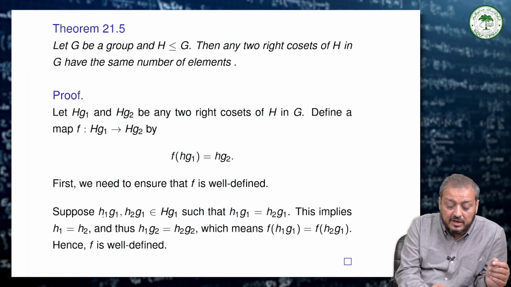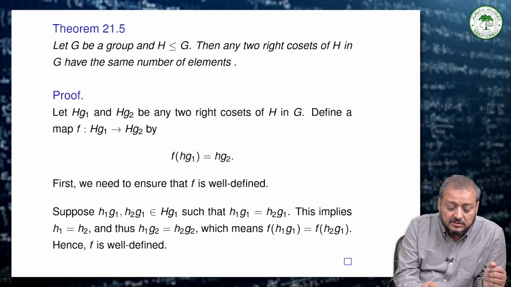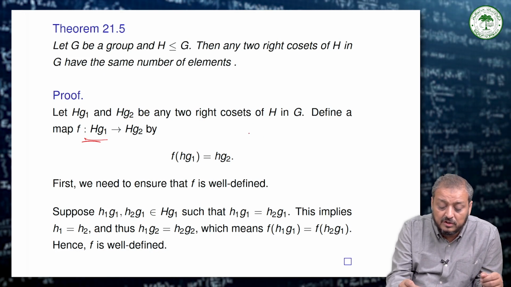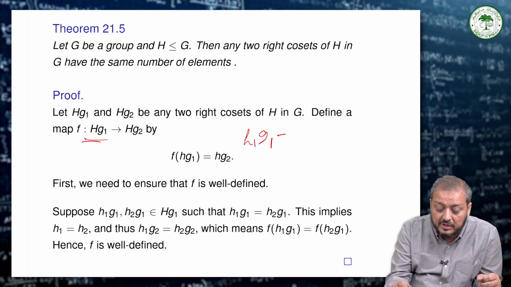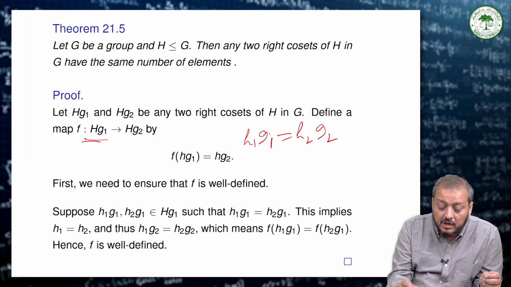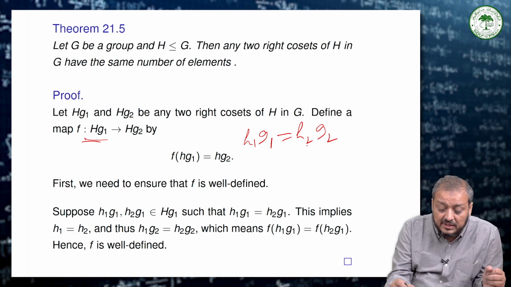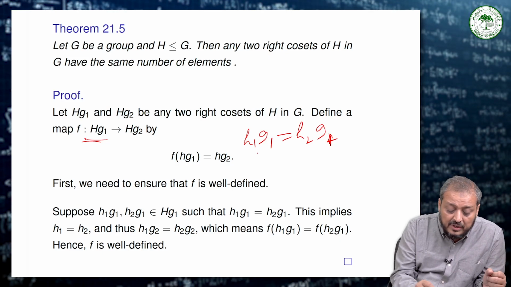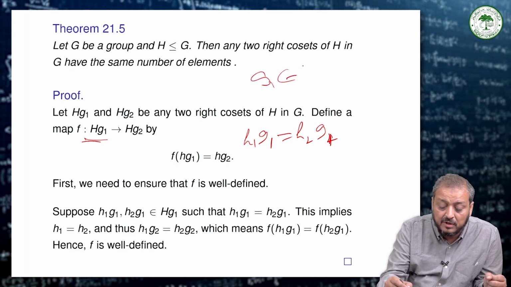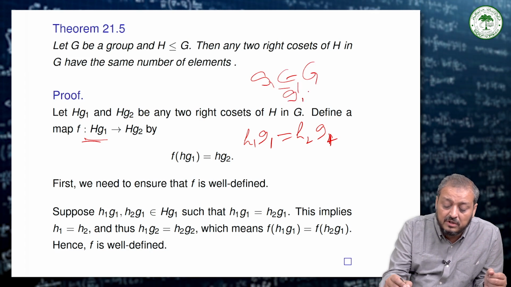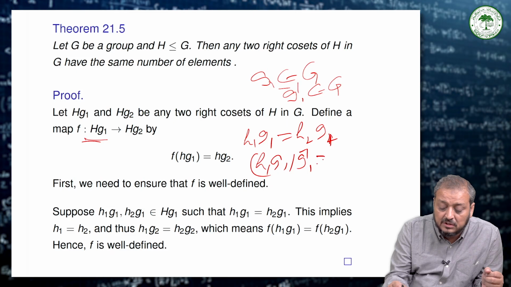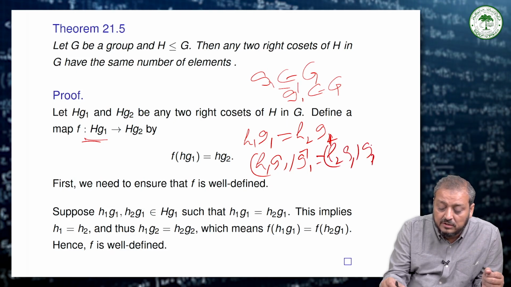We take h1g1 and h2g1 as elements of Hg1. Clearly g1 is an element of G, so g1 inverse is also an element of G. So this can be written as h1g1 g1 inverse equals h2g1 g1 inverse.